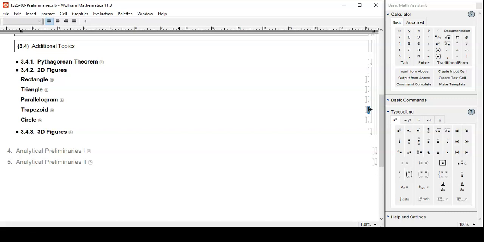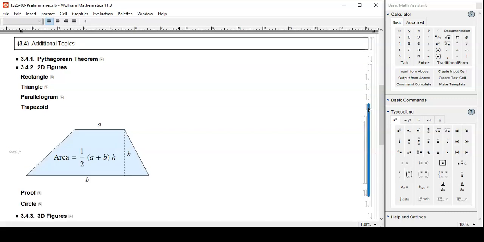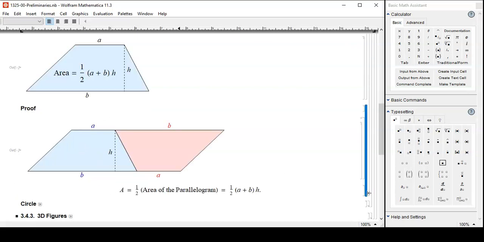How about the area formula for a trapezoid? It turns out that its area is 1/2 (A plus B) times H, where A is up and B is down, H is the height, and A and B, those two sides, are parallel to each other. And here's the proof. Get another copy of the same trapezoid, and the result is a parallelogram.